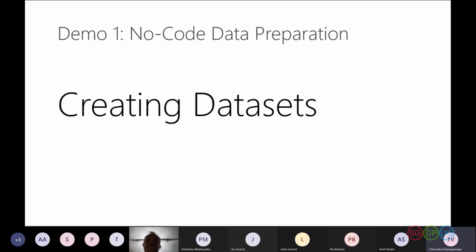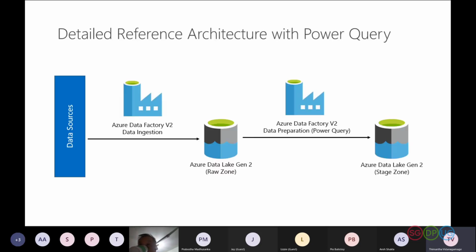One is the input dataset and the other one is the output dataset. The input dataset, as I showed you in the previous architecture diagram, refers to the Azure Data Lake raw zone, while the output dataset refers to the stage zone.